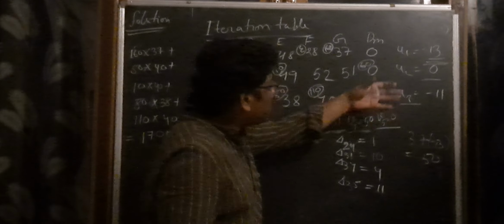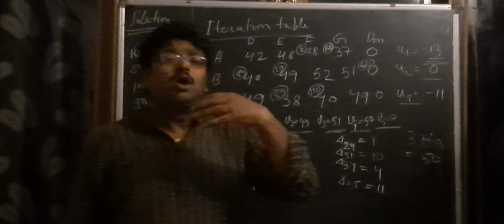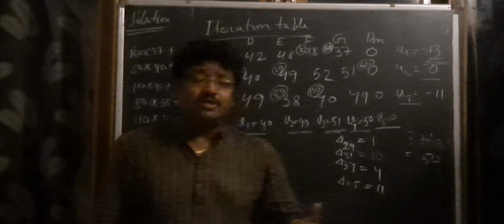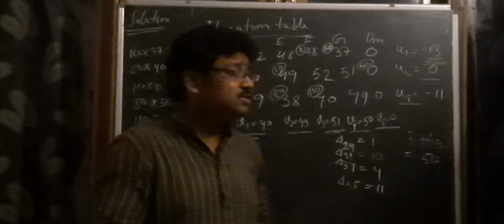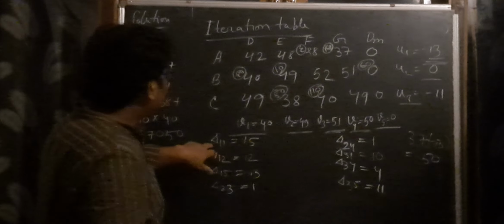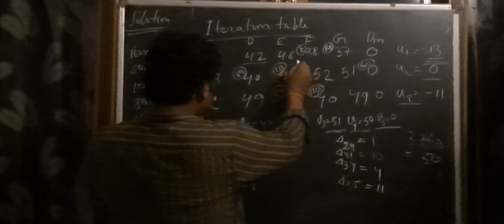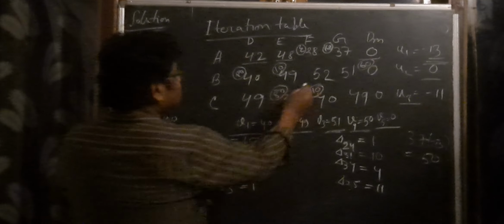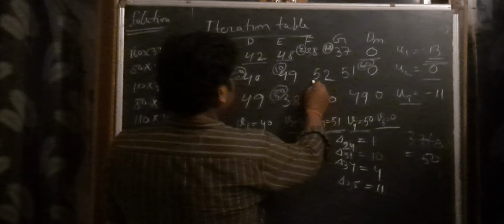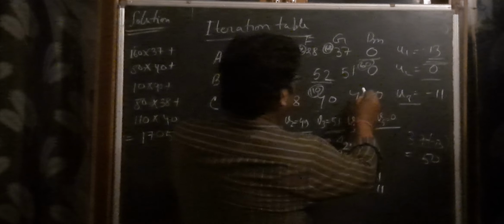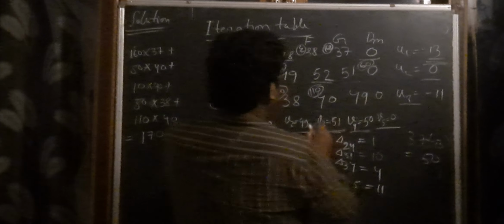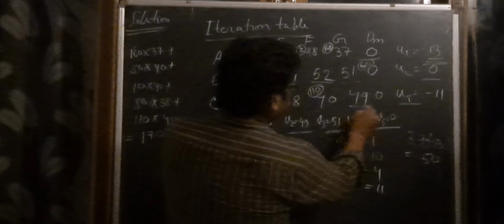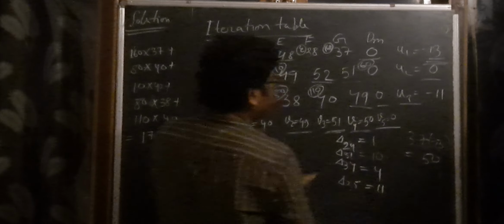By using these Ui and Vj values and putting them in the formula, that is Dij equal to Cij minus Ui plus Vj. So we have del 1 1, that is the empty cell, del 1 2, this empty cell, del 1 5, this empty cell, and del 2 3, this empty cell, and del 2 4, this is empty cell, and del 3 1, this is empty cell, del 3 4 is empty cell, and del 3 5 is empty cell.